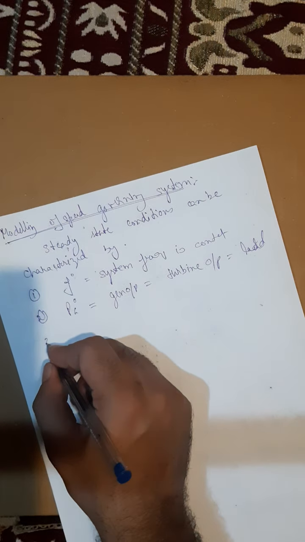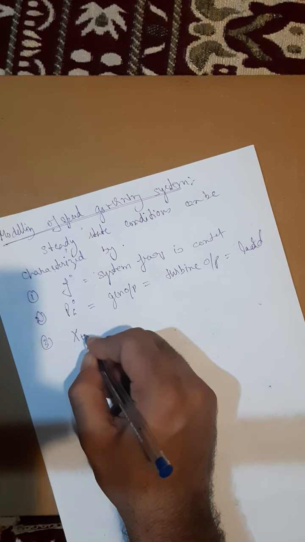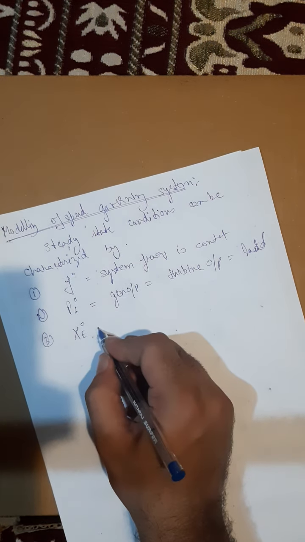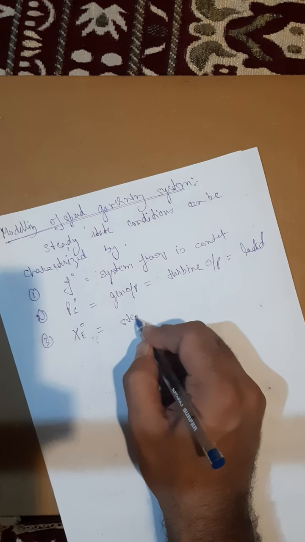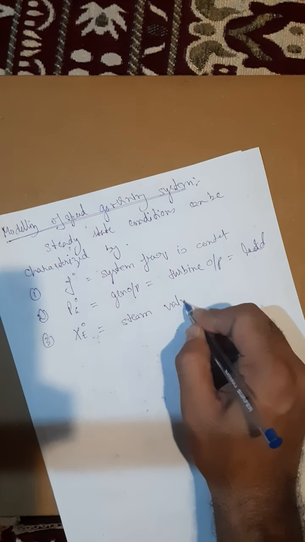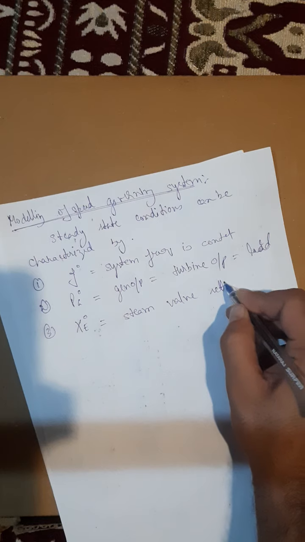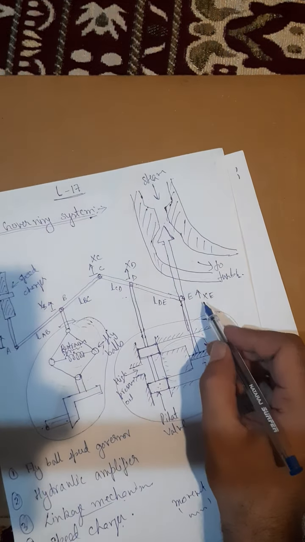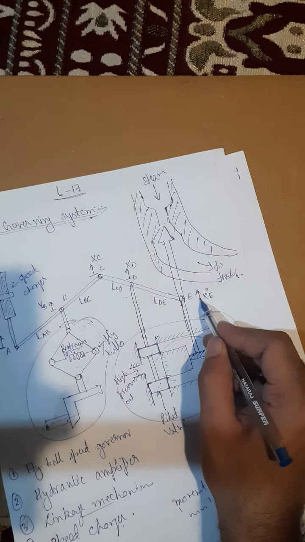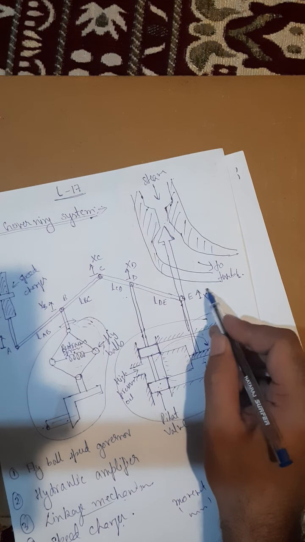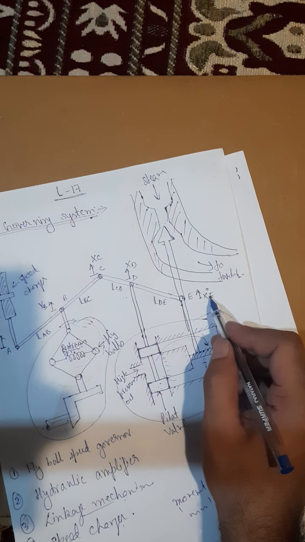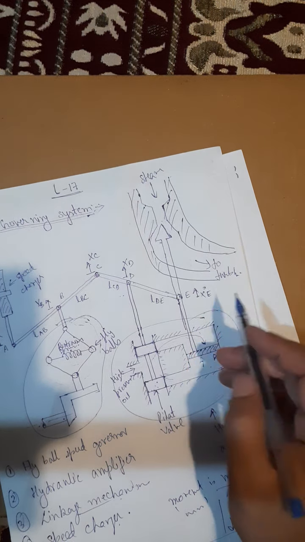And third is XC naught, the steam valve setting. Why steam valve setting? XC naught means the initial steady state position of point E, which is represented by XE naught. Here I am saying XC naught.